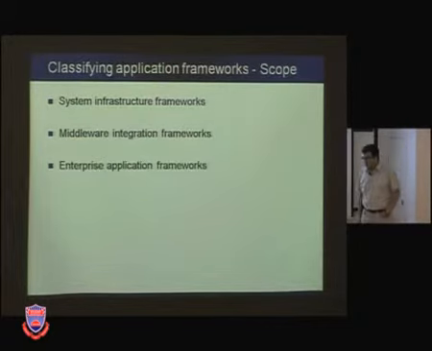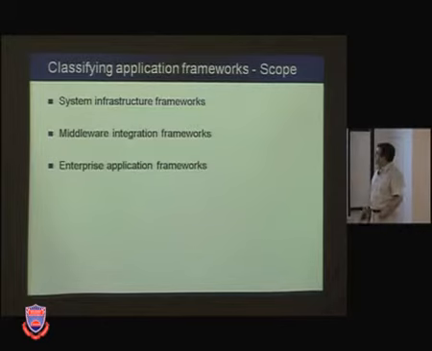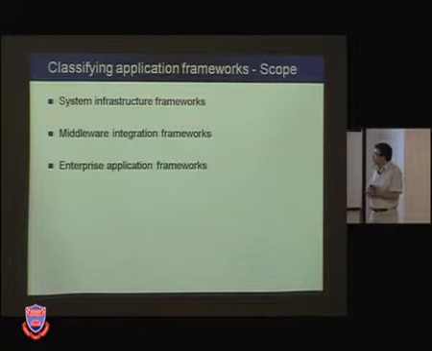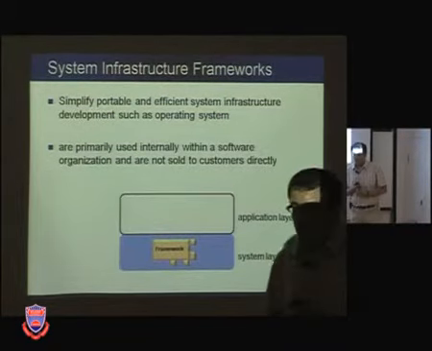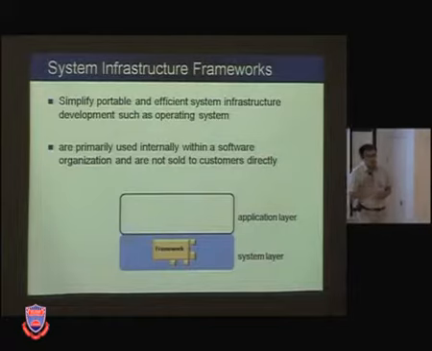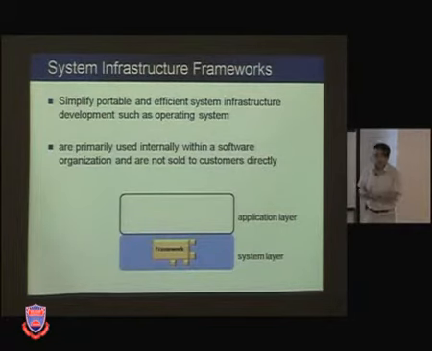We can have basically three types of frameworks: system infrastructure frameworks, middleware integration frameworks, and enterprise application frameworks. System infrastructure framework. For all of these, they are just semi-complete applications.